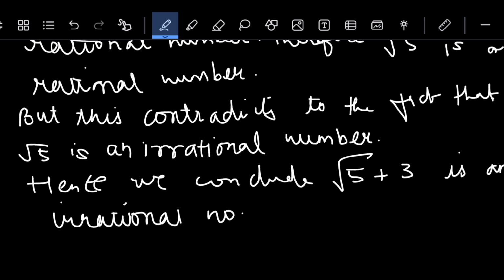Hence we conclude that root 5 plus 3 is an irrational number.